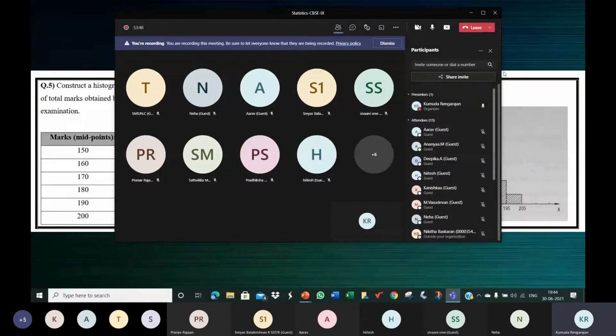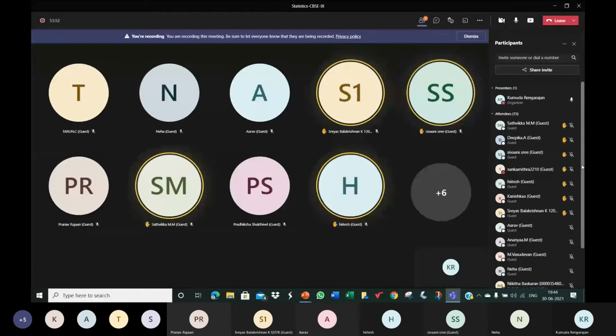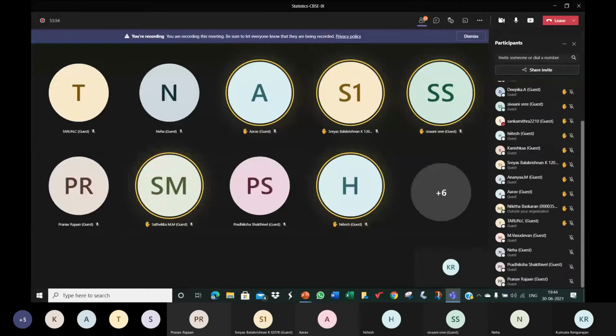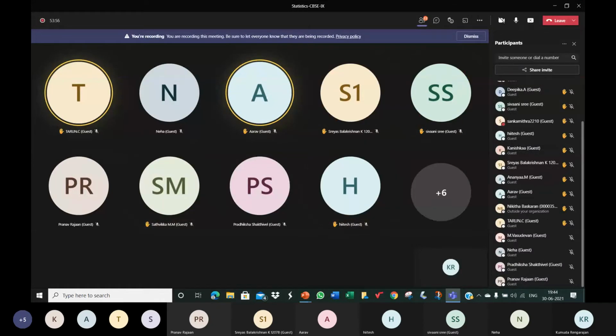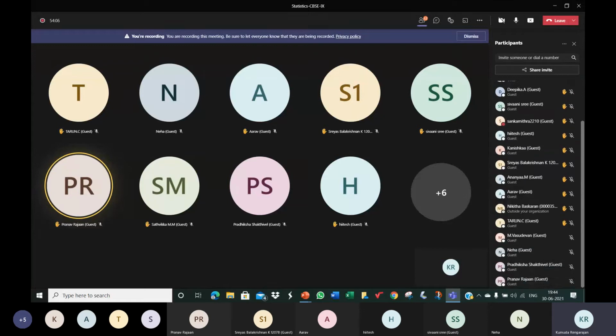Yes, class, use the emoji. Raise your hands. Satvika, Deepika, Shivani, Sangamitra, Hitesh, Kanishka, Shreyas, Ananya, Arav, Nikita, Tarun, Pranav, Vasudevan, okay.